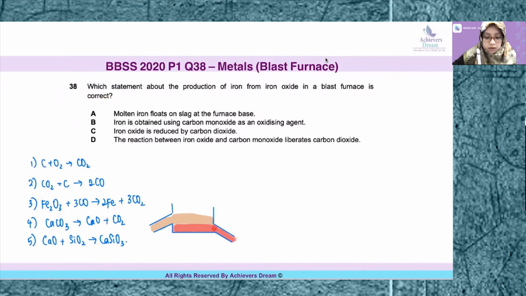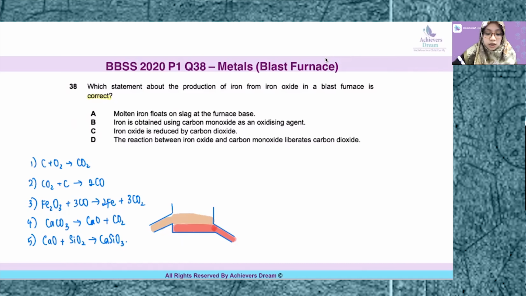I've taken the liberty to write down the 5 reactions that are occurring in the blast furnace. The first one is producing carbon dioxide gas by reacting coke with oxygen from hot air. Carbon dioxide is formed, which in turn reacts with more carbon to produce carbon monoxide.